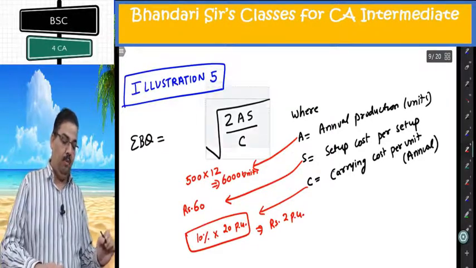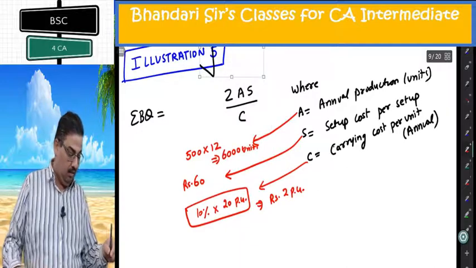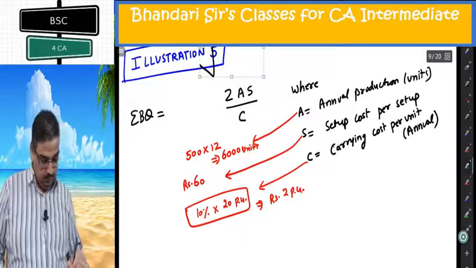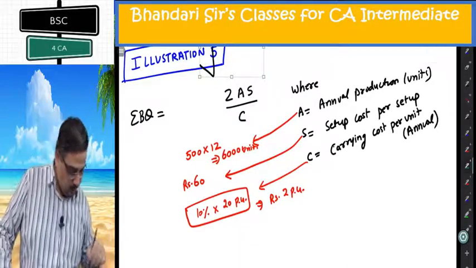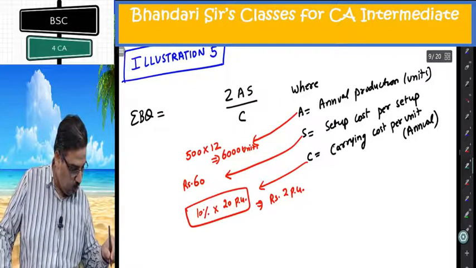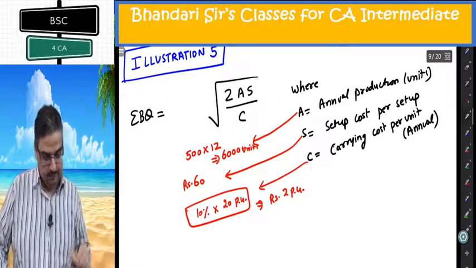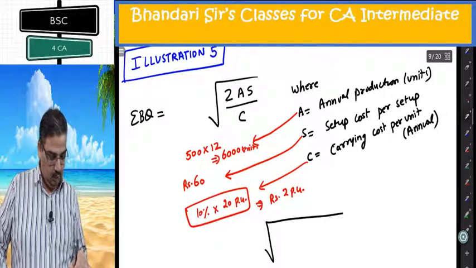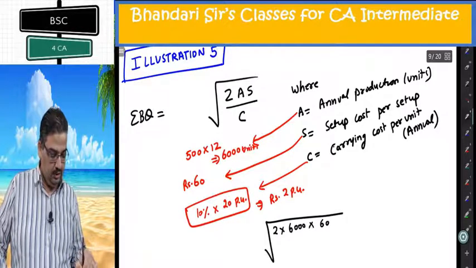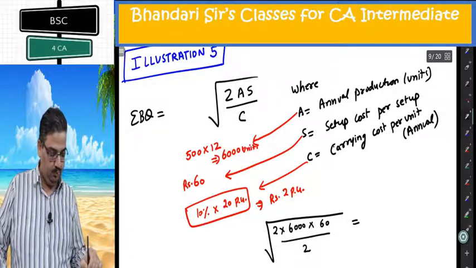Let us apply that in the formula. There is an under root also there. Under root 2 AS by C. Under root 2 into 6,000 into 60 divided by 2.